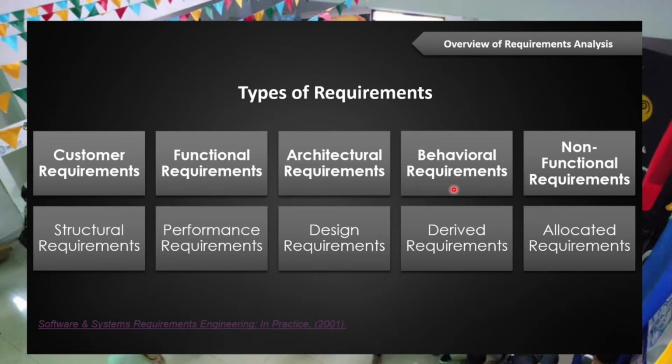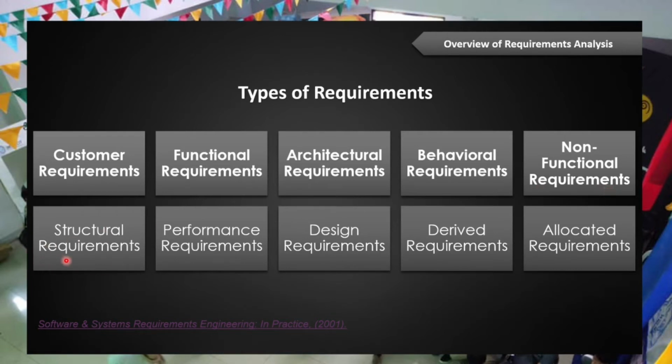Next is behavioral requirements. Behavioral requirements are part of functional requirements and define the behavior of the software for a certain scenario of a specific function. Next is non-functional requirements. Non-functional requirements are also called supplementary requirements, which are an extension of functional requirements.